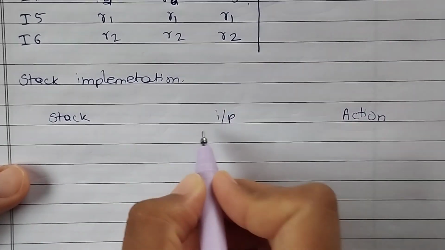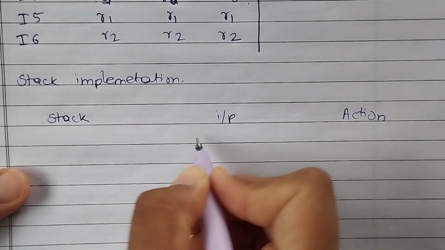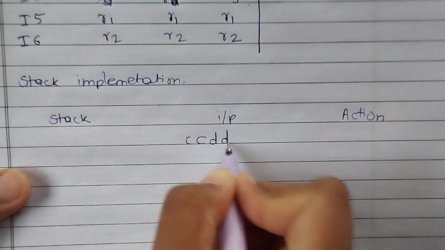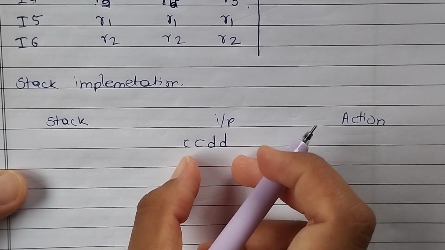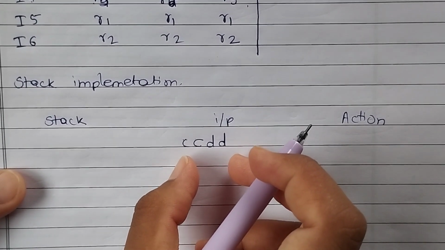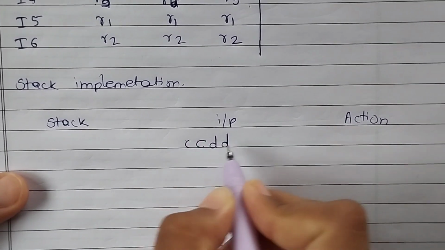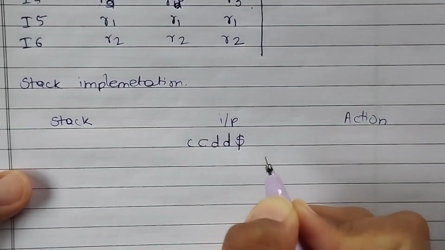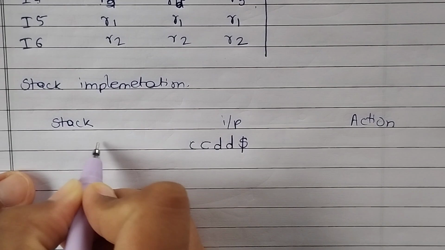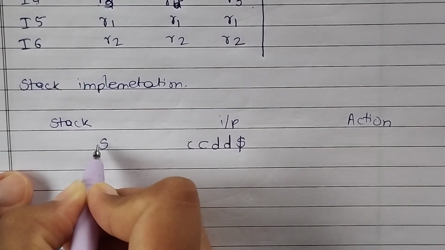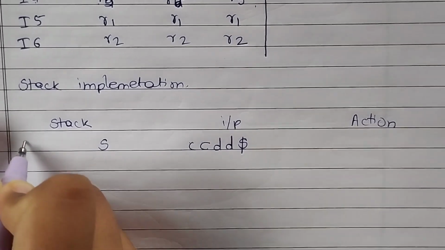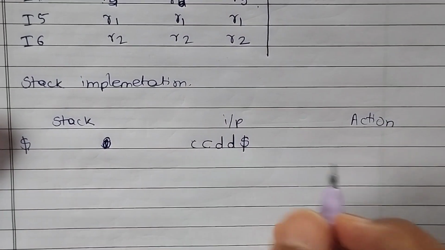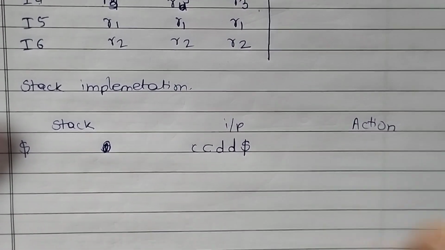Now we put here the string CCDD. We see whether this is accepted or not. After this string we always write the dollar symbol, and at the starting of the stack we always write the dollar symbol. Here is the dollar symbol, and here we write the action.